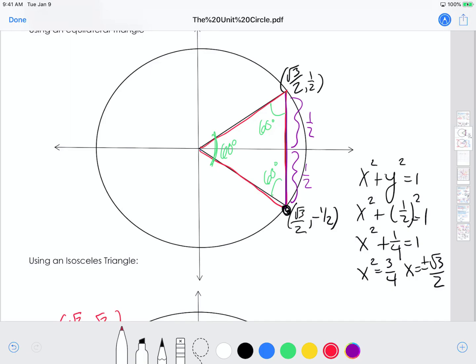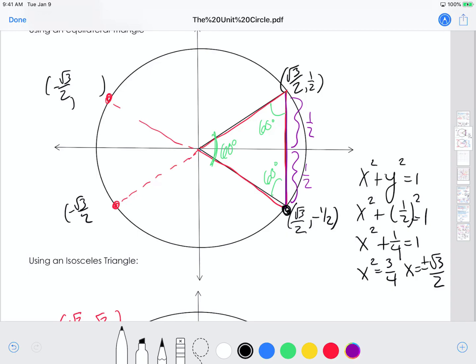But if I look at the same place in the other quadrants, that is where you're going to get negative square root of 3 over 2, because in the second and the third quadrant, x is negative.